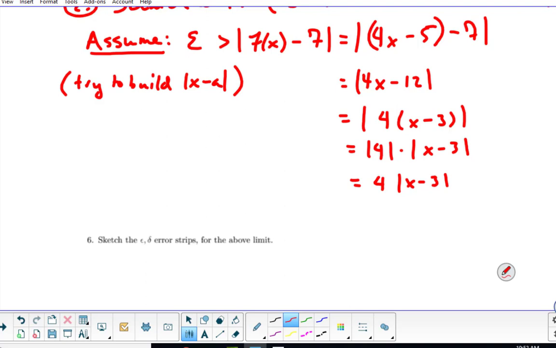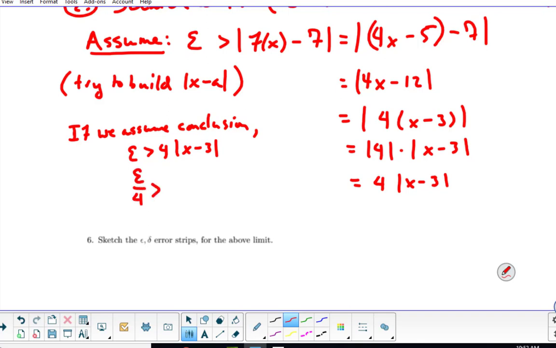So the point is that if we assume the conclusion, we find that epsilon is greater than 4 times the absolute value of x minus 3. Or if I solve this expression now for x minus a, that's what I'm trying to do, we get that epsilon over 4 is greater than the absolute value of x minus 3.